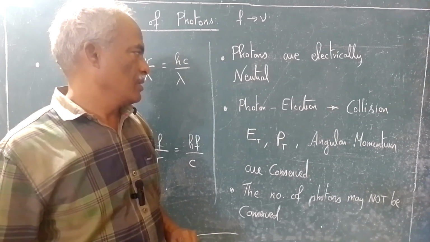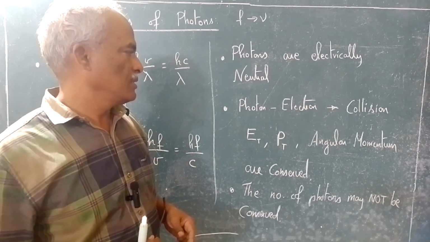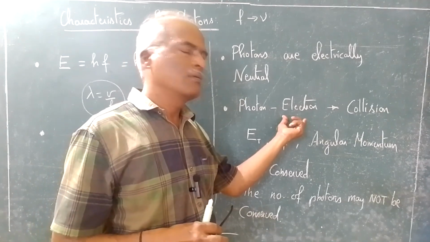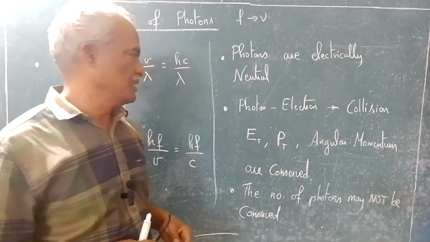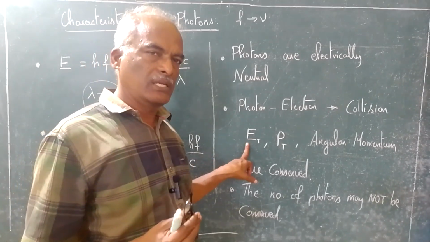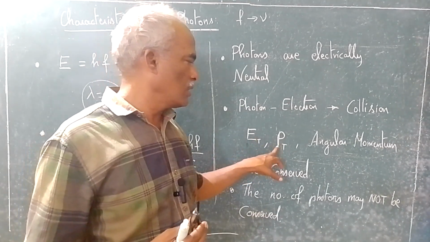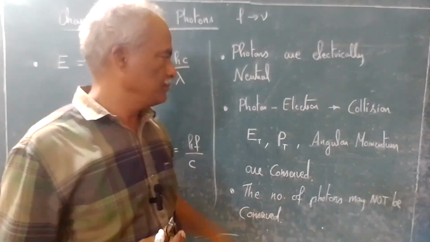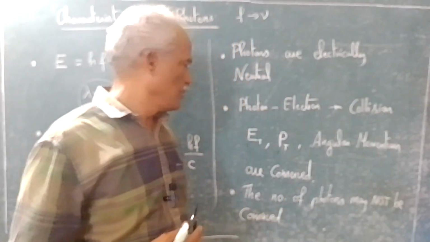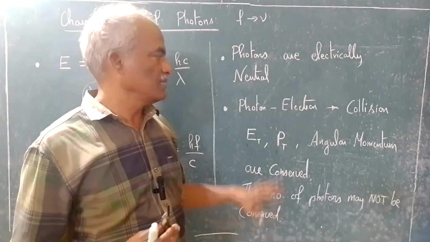Then suppose if a photon and an electron collide with each other, then the total energy, the total linear momentum, the angular momentum are conserved. This is the next point.